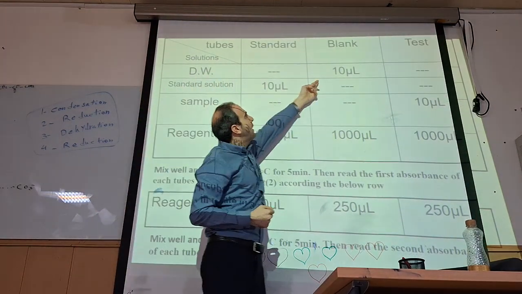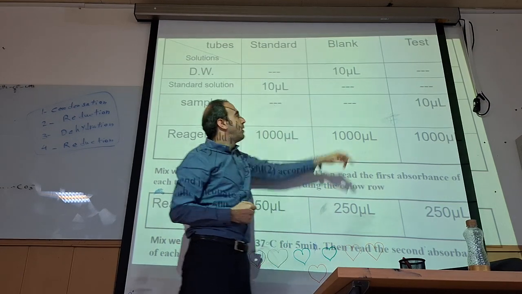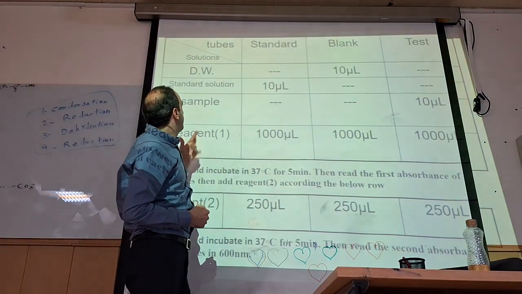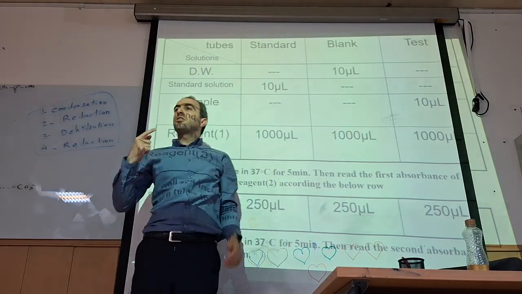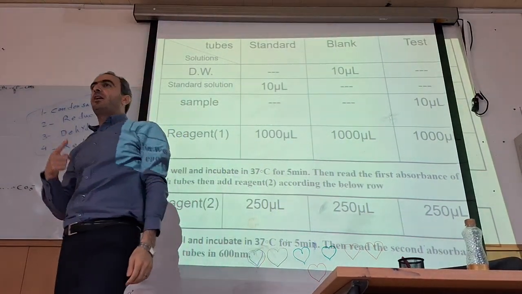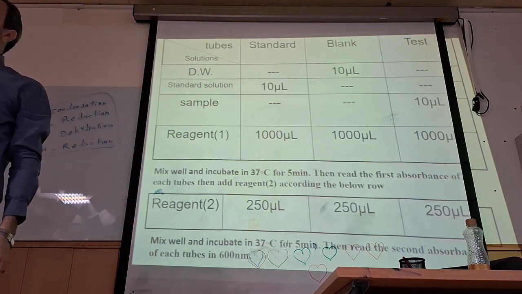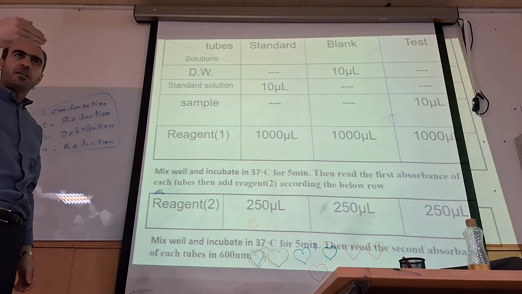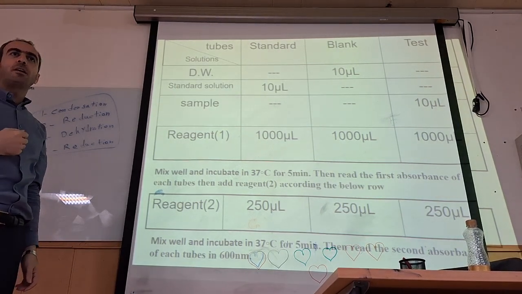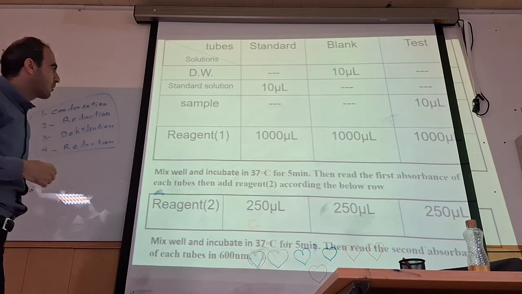In the blank, we just add 10 microliters of distilled water. And in the test tube, we will add 10 microliters of serum. We just measure lipid profile in serum, not in whole blood, not in plasma. So first of all, after taking blood, you should separate the serum. Then the serum is ready for you.